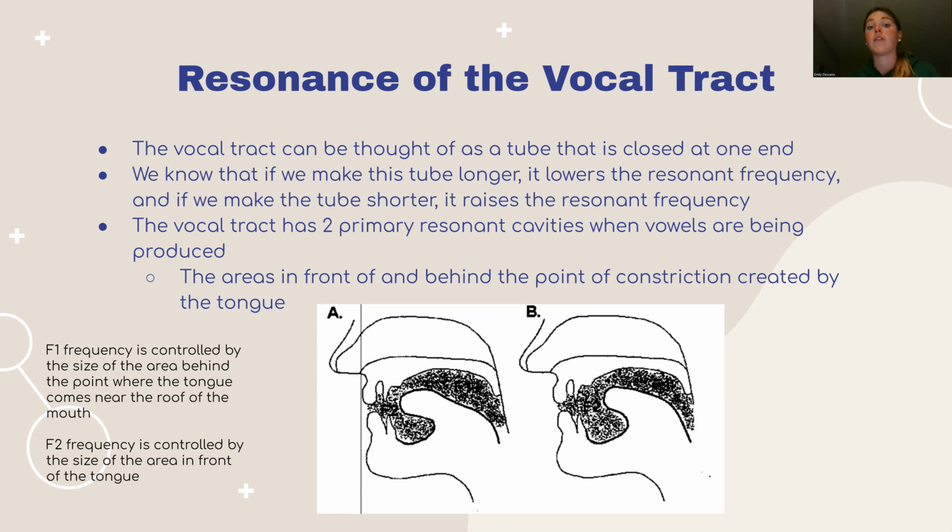That resonance cavity creates formant 1. Secondly, the area right in front of the tongue when we produce vowels creates the second resonant cavity, and that creates the second formant frequency of our vowels. So formant 1 is behind the tongue, formant 2 is in front of the tongue.